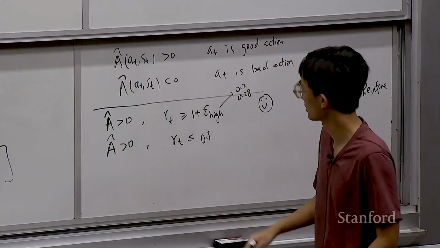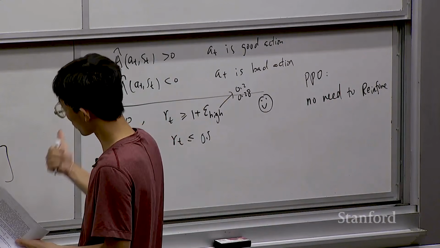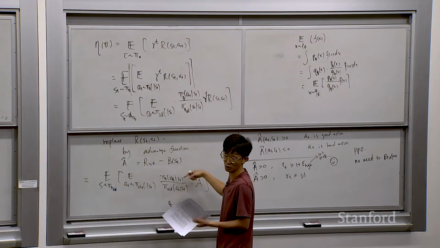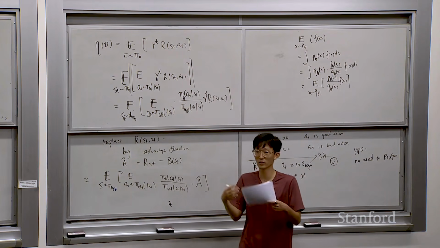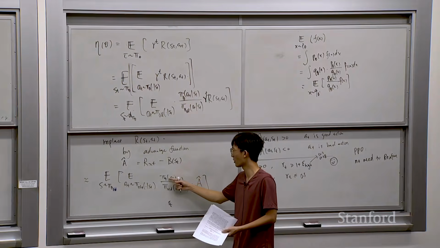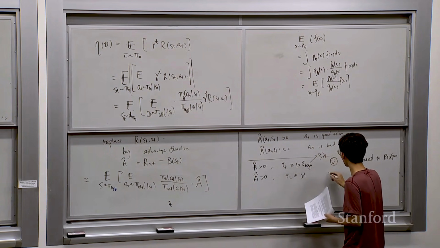If this is the case, it means this is a good action, but your current policy is doing not as good as the old policy. So you have to increase the probability of the policy to generate AT. You do need to do some work, and that's why you take the gradient.